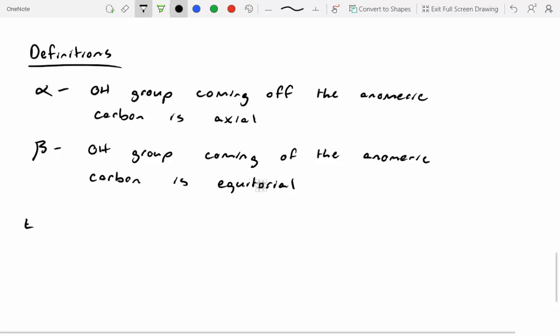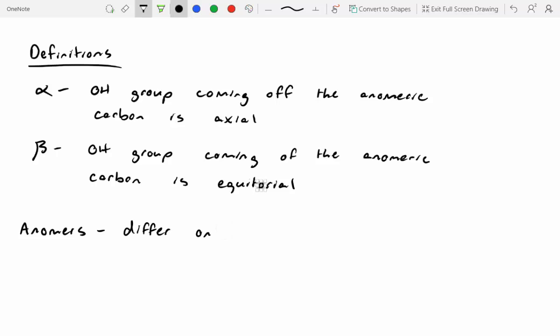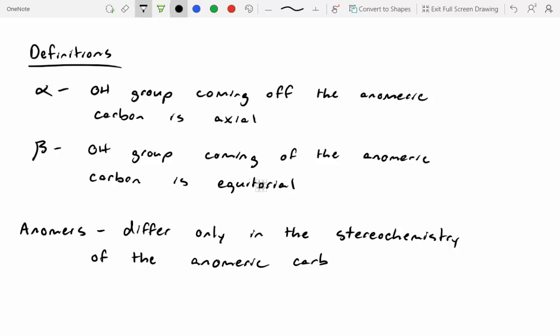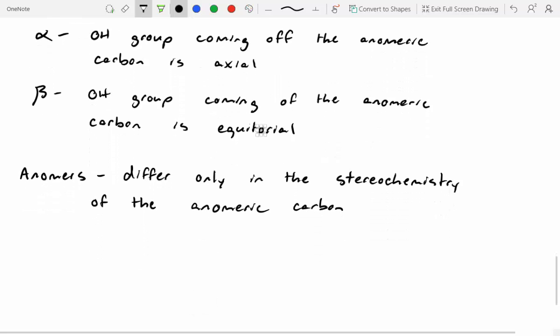The other one that comes up, let's actually talk about anomers. They differ only in the stereochemistry of the anomeric position, or anomeric carbon. The other term that you'll often see is epimer.